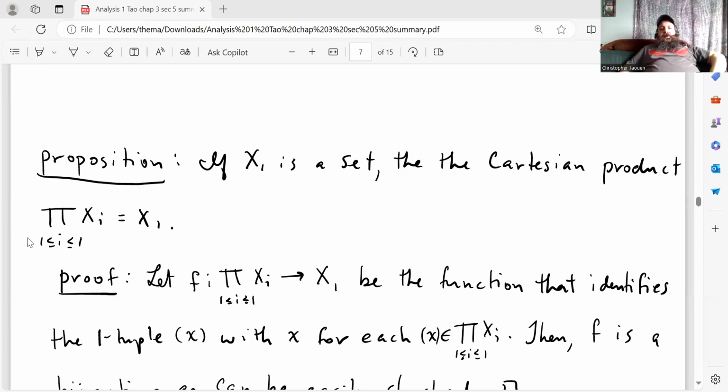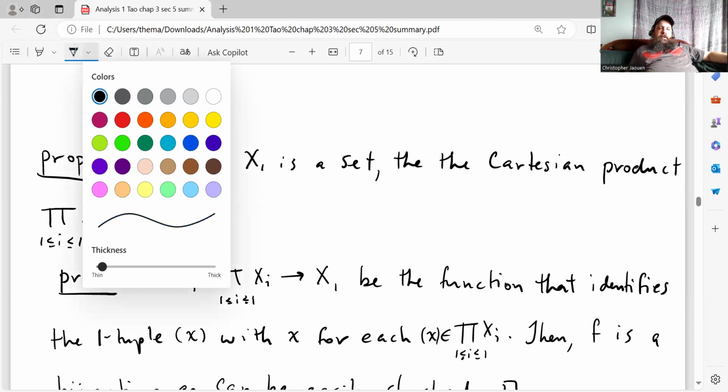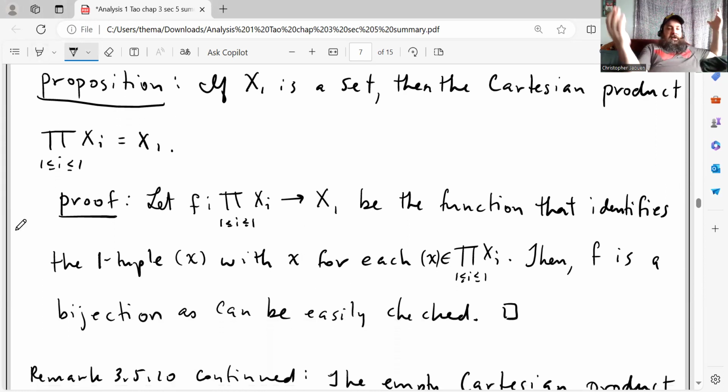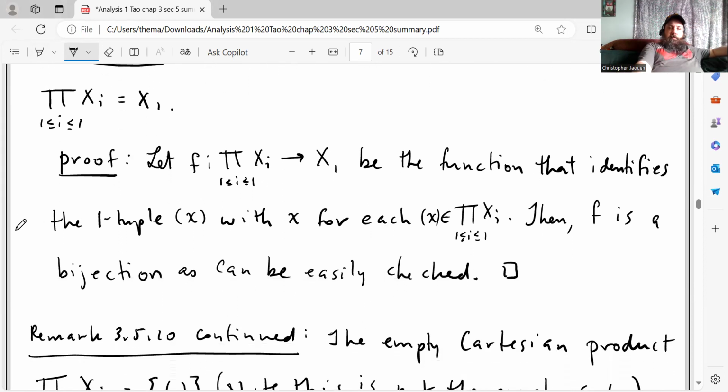Proposition: if X1 is a set, then the Cartesian product, product of Xi from i equals 1 to 1, equals X1. And here's the proof, or my proof, because like I said, he doesn't prove it in the book. He asks you to do it.